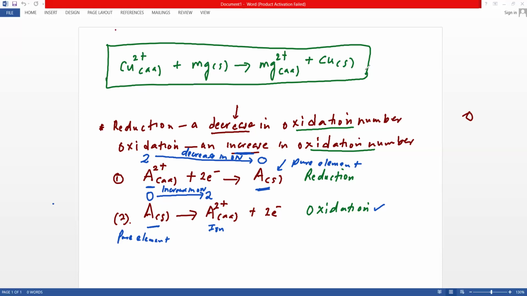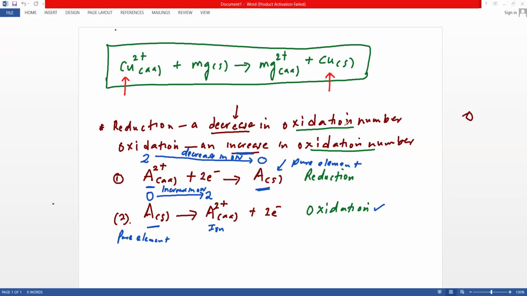The best way to do this is to look at their oxidation numbers. That will assist you to know whether there was an increase in oxidation number or a decrease in oxidation number. Then you can be able to tell. So now we are comparing this one with this.